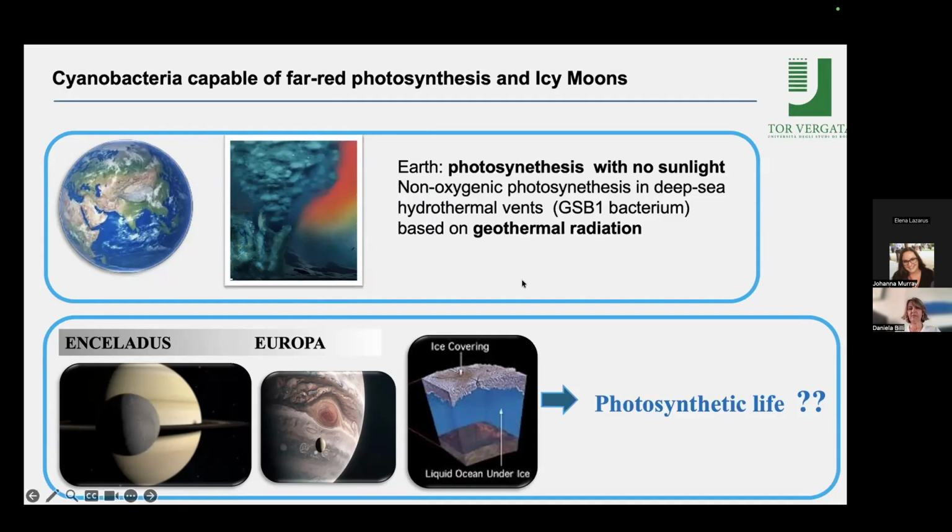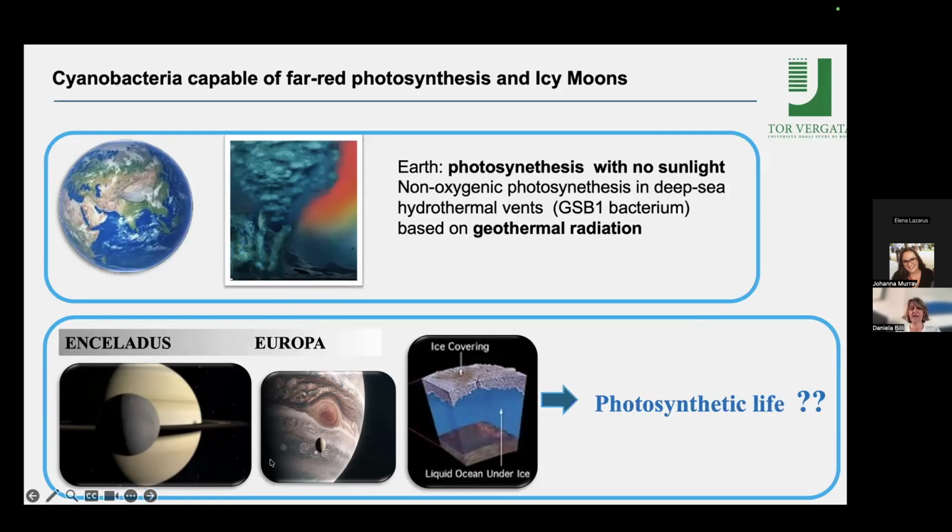So I'm being a little provocative here, because it could be that life forms capable of far-red acclimation could also be capable of oxygen production, or at least we can find photosynthesis also in these icy moons in our solar system, with or without the production of oxygen.